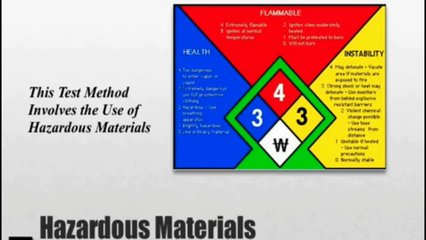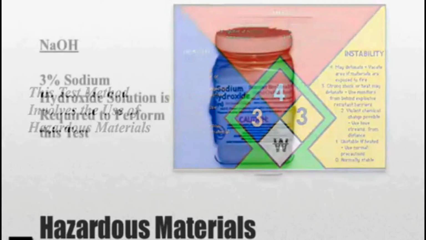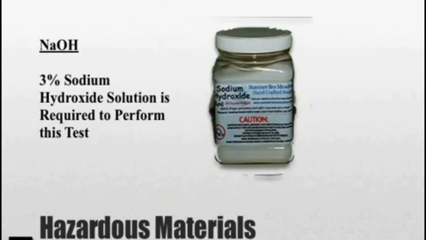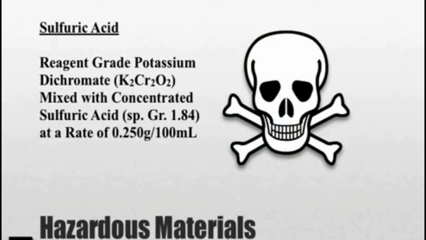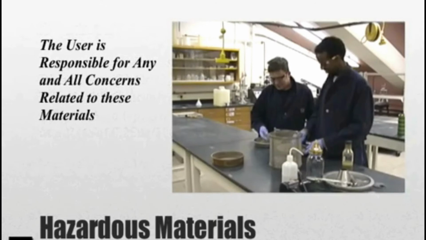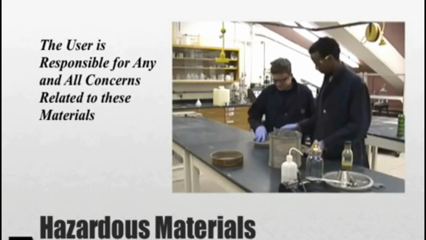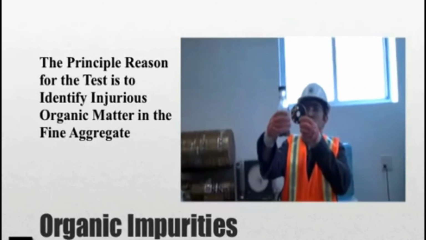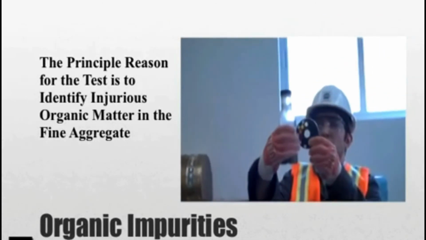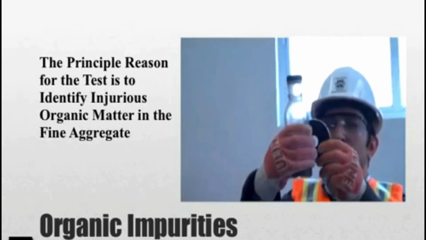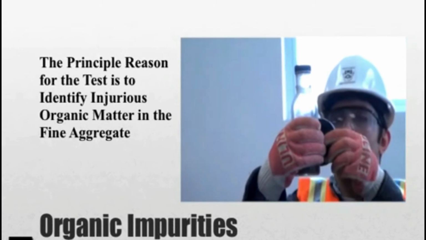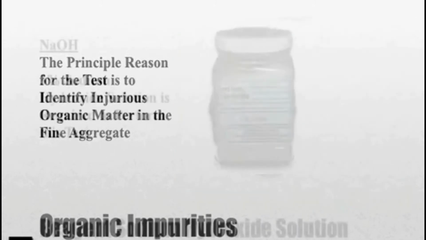Some of the materials you may encounter performing this test are 3% sodium hydroxide solution, potassium dichromate, and concentrated sulfuric acid. The user of these materials is responsible for their proper use. The principal reason for this test is to determine if there are harmful amounts of organic matter present in the fine aggregate.